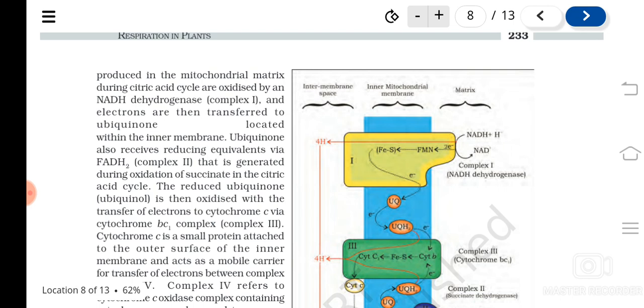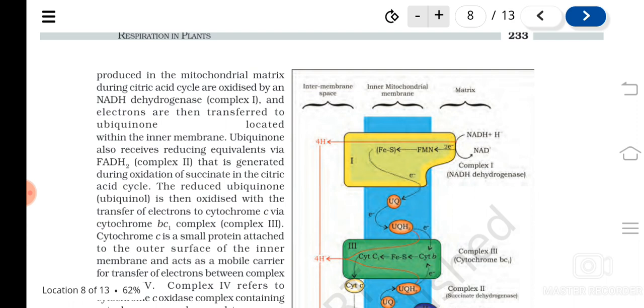So when one molecule is getting oxidized by giving its electron to the next one, when electrons come, they will get reduced, and when they give electrons to the next one, they will get oxidized. So like this complexes can get oxidized and reduced alternately. When electrons come, they get reduced, and when electrons go to the next one, that gets oxidized.